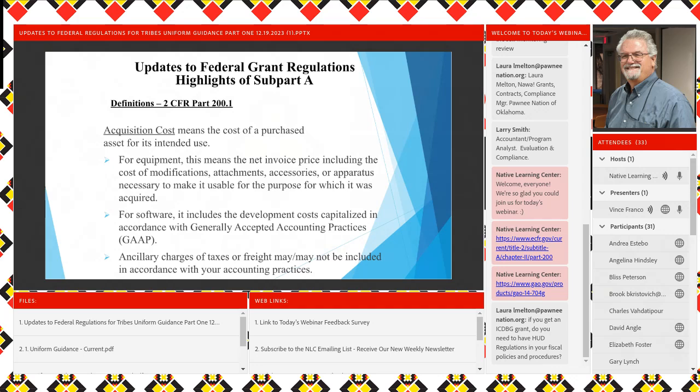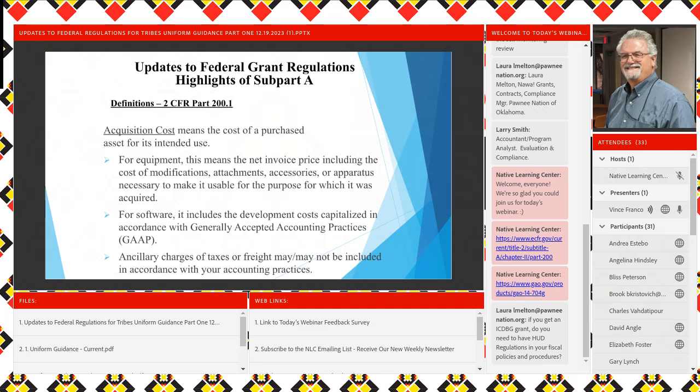If you get an ICDBG grant, you have a question from the chat. Laura's asking, if you get an ICDBG grant, do you need to have HUD regulations in your fiscal policies and procedures? Well, ICDBG, along with the Indian Housing Block Grant, IHBG, come from HUD. So as far as I know, both of those federal fundings flow through ONAP, Office of Native American Programs.